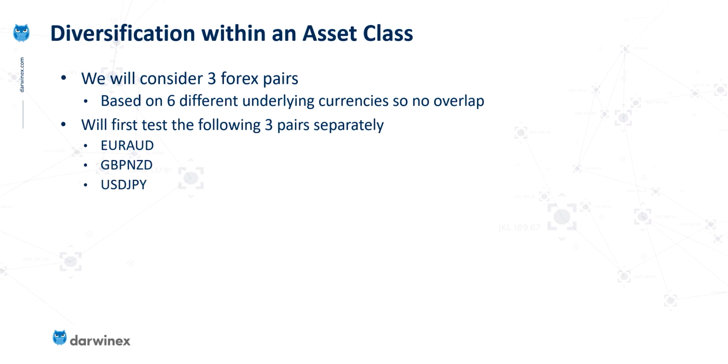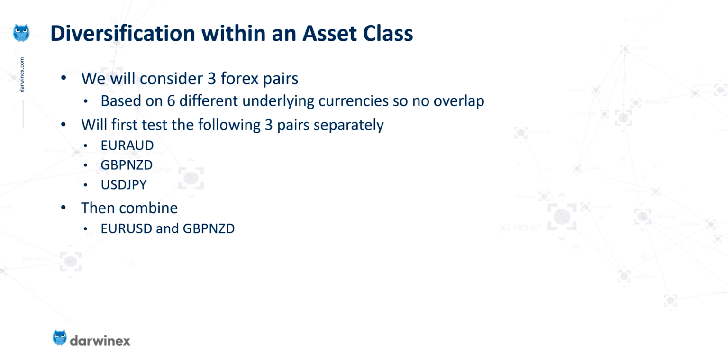And I'm going to show you each of these trading the same system so that we can get an idea of the performance that we can get out of them individually. What I'll then do is start to combine them. Initially, I'm just going to trade Euro Aussie dollar and Pound New Zealand dollar together as part of a mini portfolio.